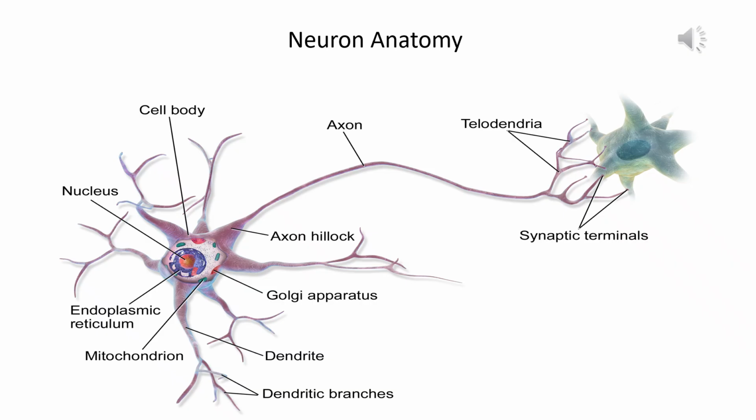Some of them are called bipolar. They have extensions going in two directions. Some are called multipolar, such as the one you see here. You've got one long axon going this way, but you have multiple dendrites at the other end. And then there are some neurons which are anaxonic. They don't even have an axon.